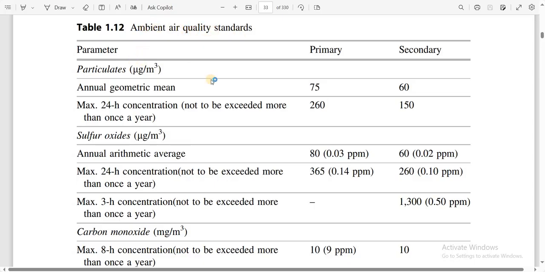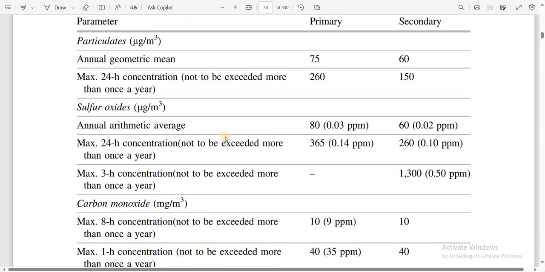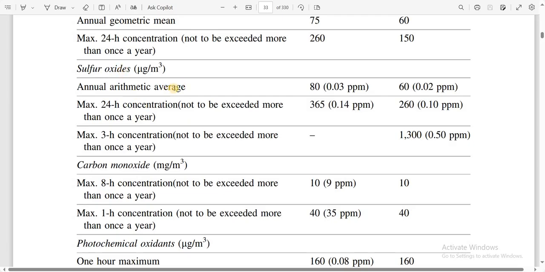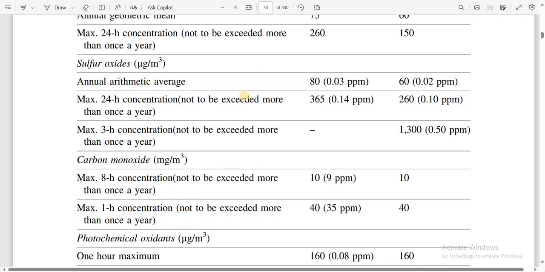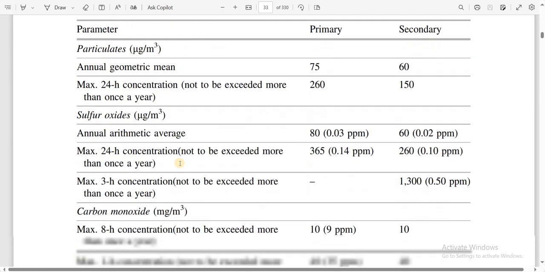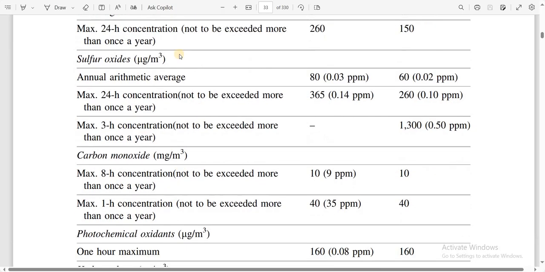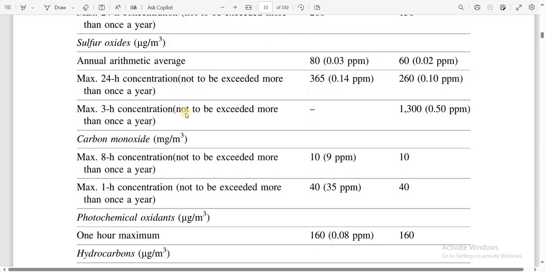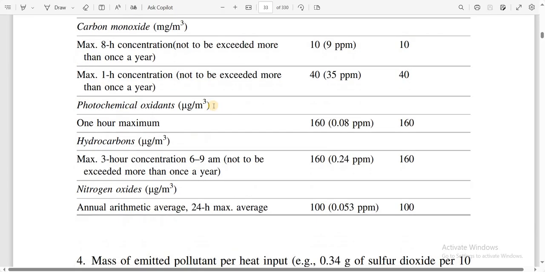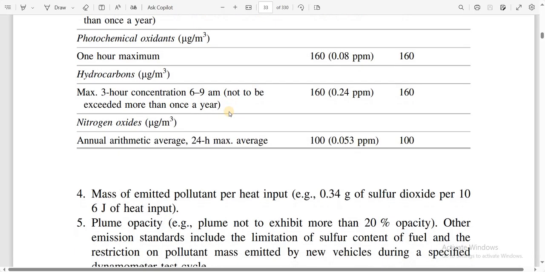Look, like ambient air quality standard, what kind of standard should be there: annual geometric mean should be how much, maximum concentration should be how much, sulfur oxide level should be how much, which is not mentioned here. I don't know why. Annual arithmetic average. Okay. For particulates, these are the parameters, and for sulfur oxide these are the parameters, like arithmetic average and concentration, whereas for carbon monoxide, for photochemical oxidants, for hydrocarbons and nitrogen oxide.